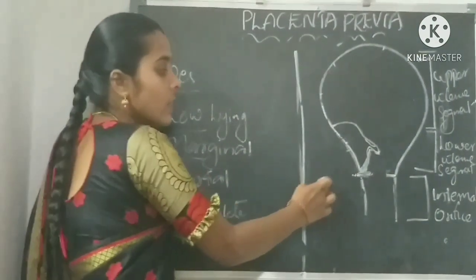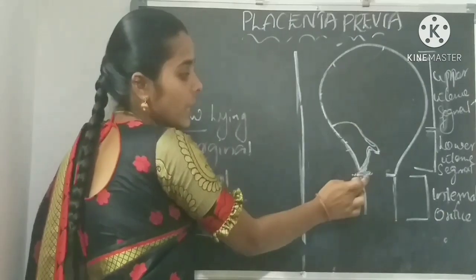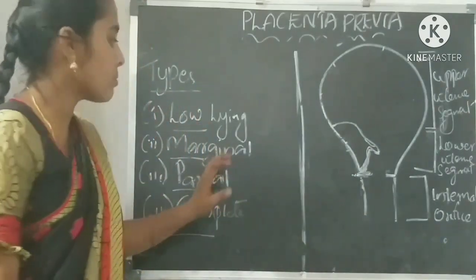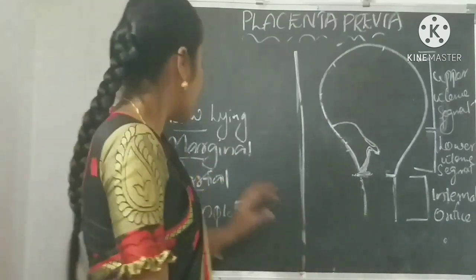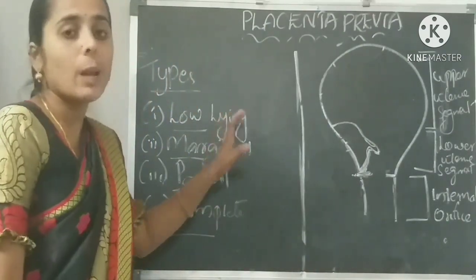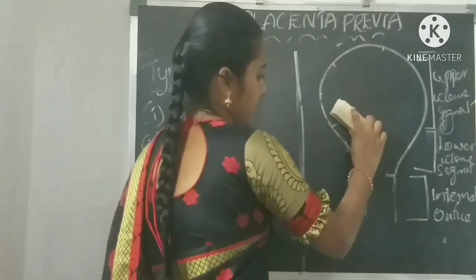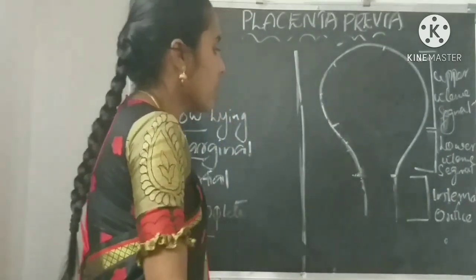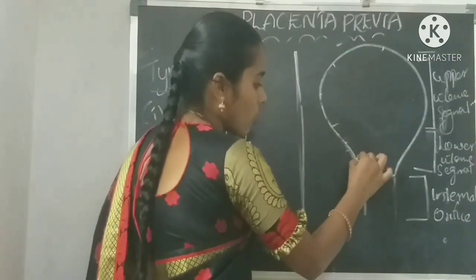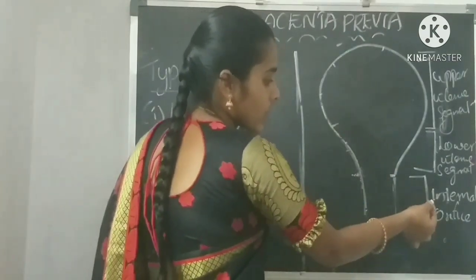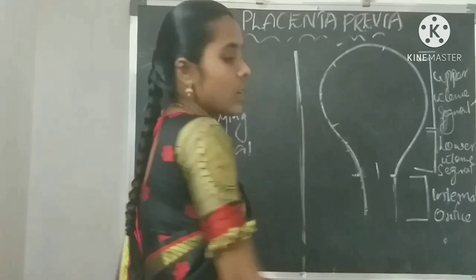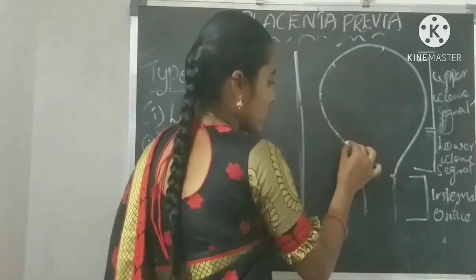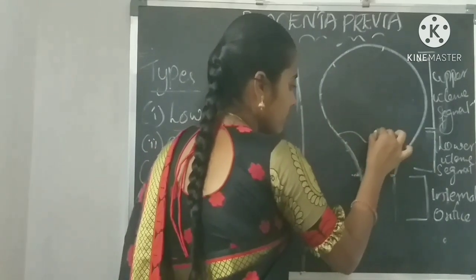If the placenta touches the margin of the internal orifice but does not cover it, then it is called marginal placenta. Next we will see the partial placenta previa. In the partial placenta previa, half of the internal orifice is covered by the placenta, like this manner. This is the placenta.